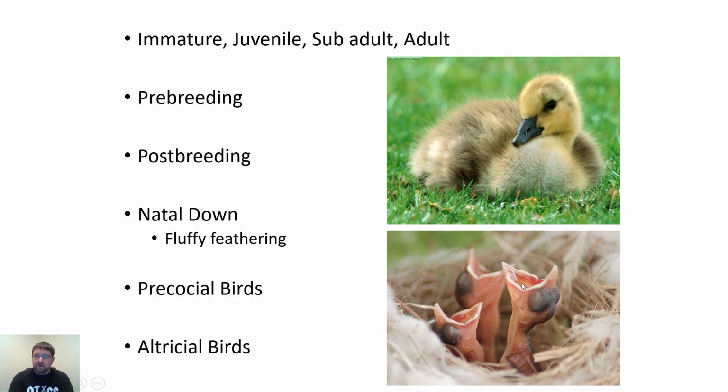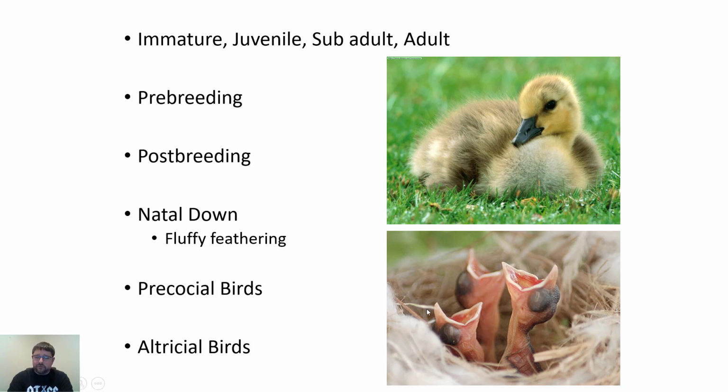They're going to call to a parent, and that parent will bring them food. That's altricial. Precocial birds might follow the parent around for a long period of time for protection, but they feed on their own. The warmth comes from the organism itself, and they don't really require extra energy from the parents.